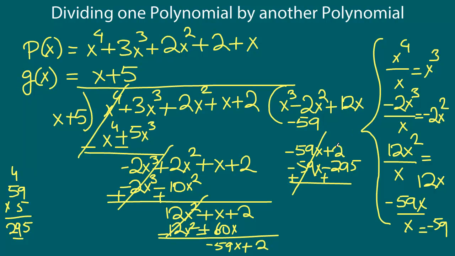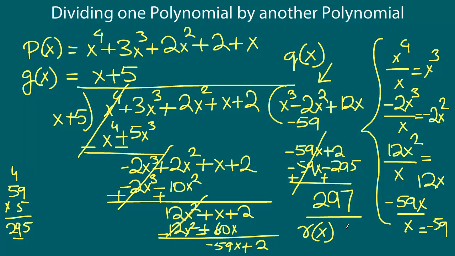So we will have this plus this, or 297. So our quotient, when we do this division, is this one over here, which is x cubed minus 2x squared plus 12x minus 59. And our remainder, R(x), is 297.